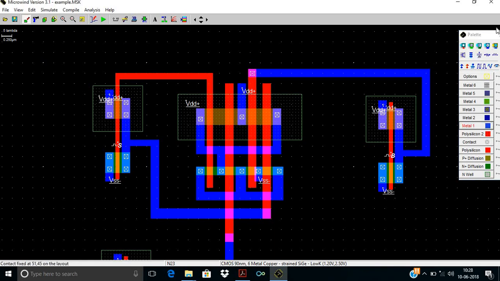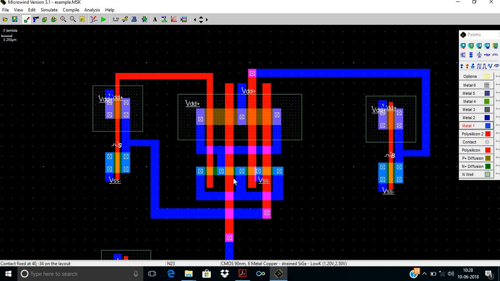Whenever it is metal to poly, we can connect this. Completed. This is the S bar connection.